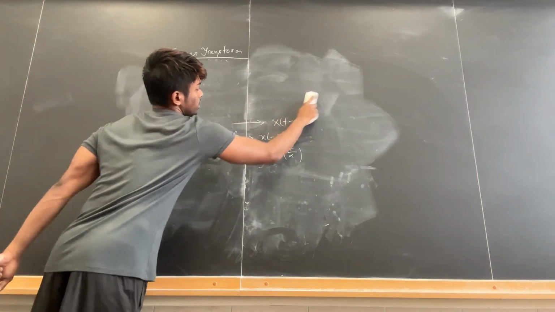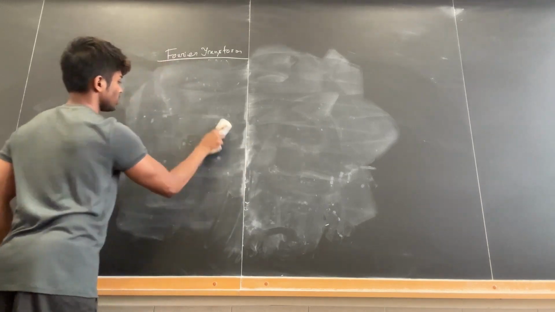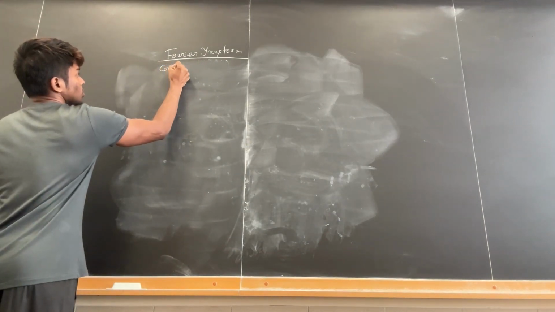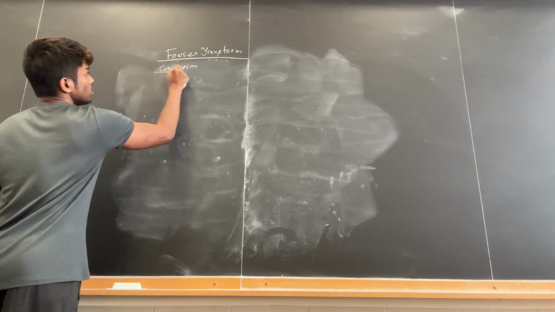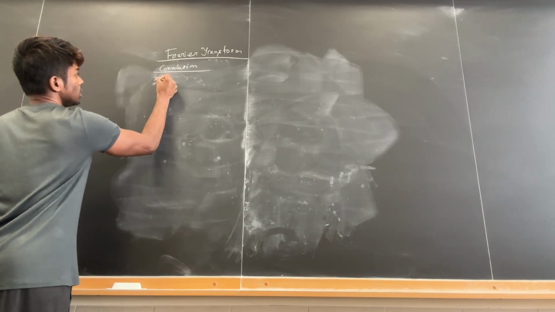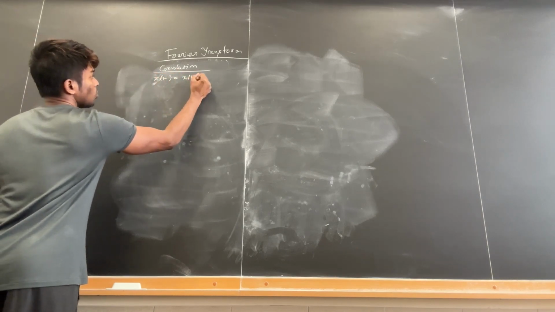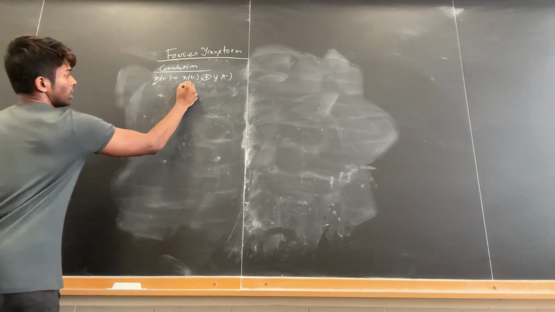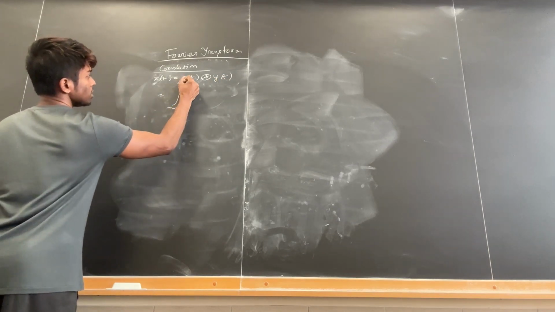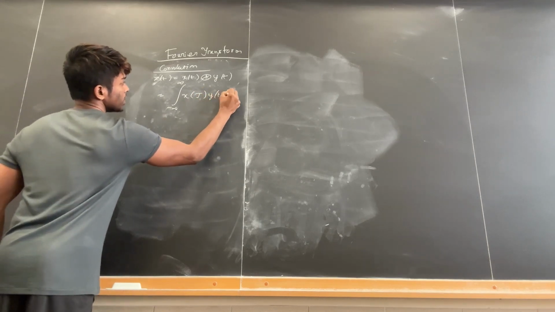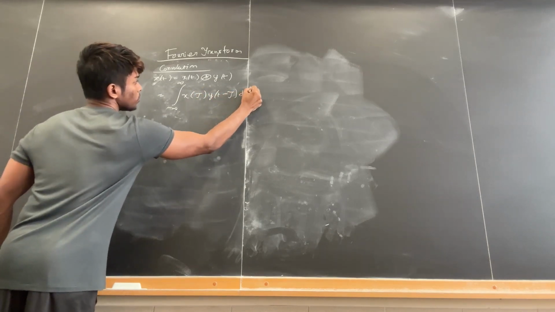The first property is convolution. What is convolution? The convolution of signals, z(t) equal to x(t) convolved with y(t), can be defined as the integration from minus infinity to plus infinity of x(tau) y(t minus tau) d tau.